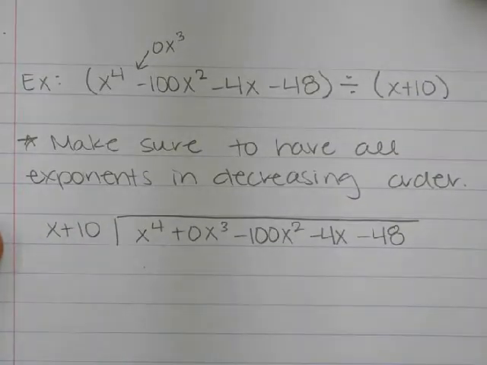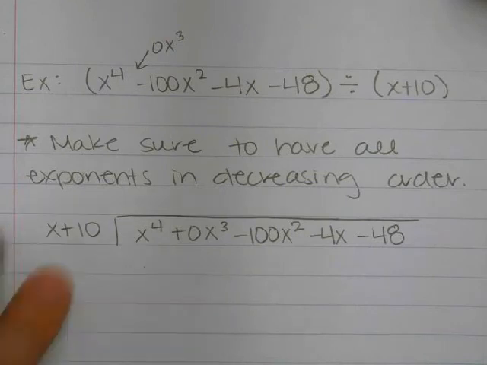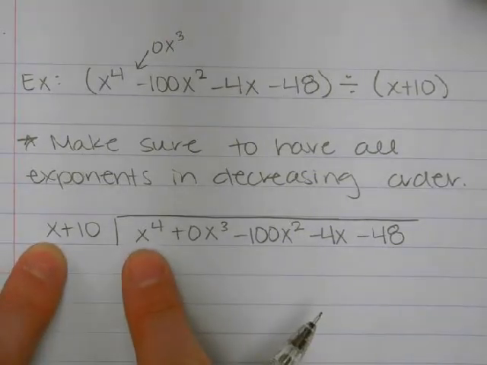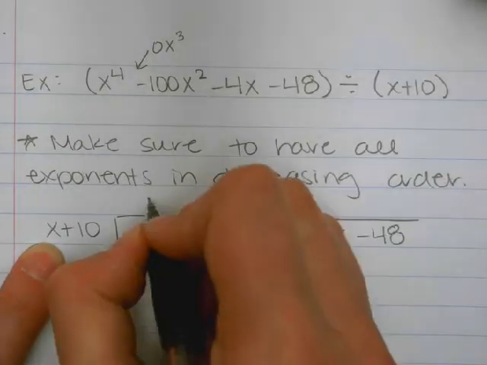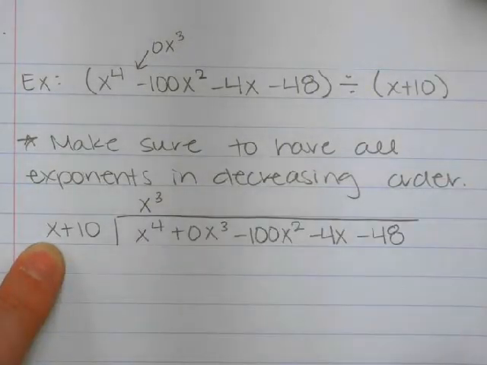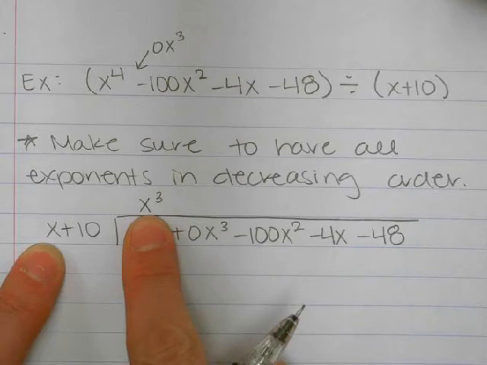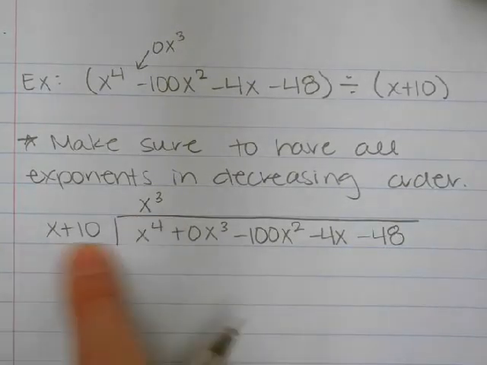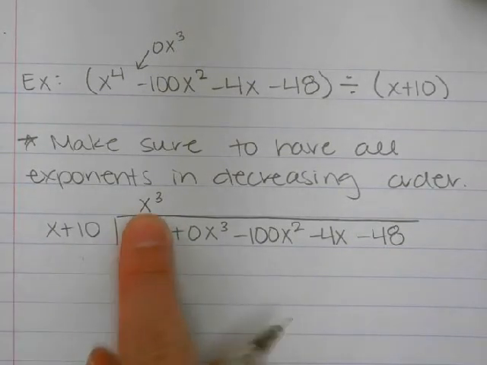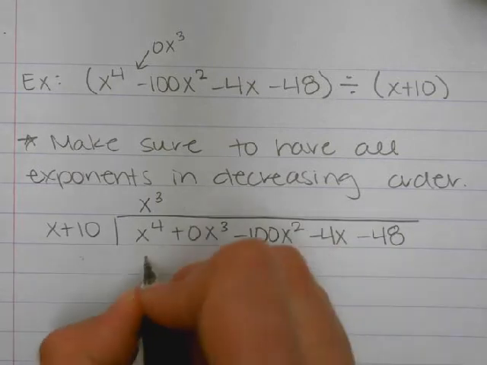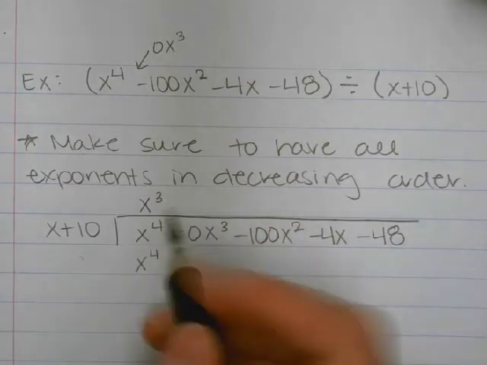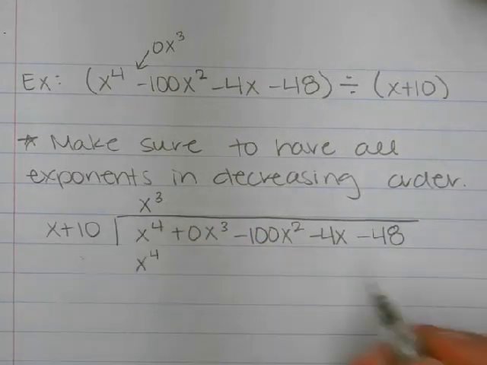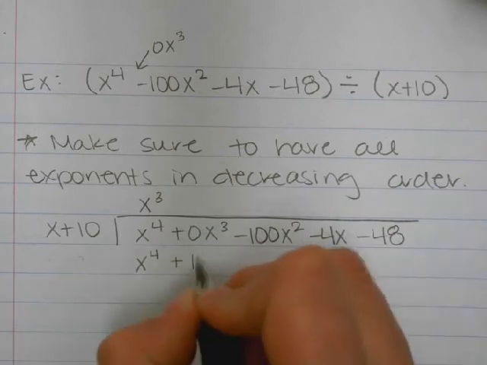So the first question I'm going to ask myself is, x multiplied by what is x to the fourth? And the answer is x to the third. And then I'm going to take the thing on top and multiply it by both things in the front. So x to the third multiplied by x is x to the fourth. x to the third multiplied by 10 is positive 10x to the third.